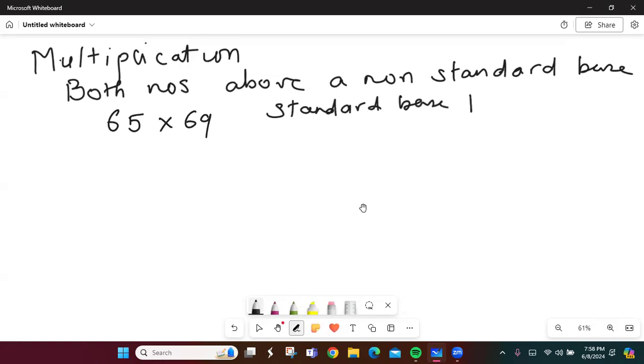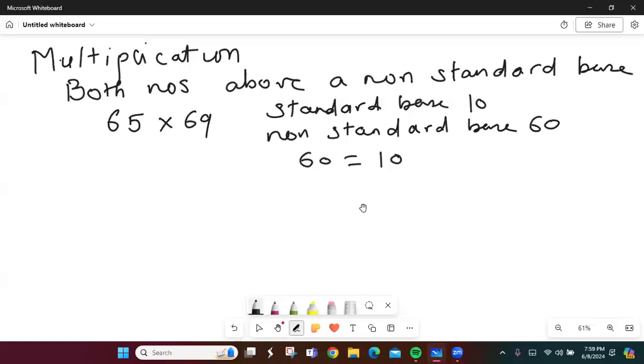That's 10, because both are two-digit numbers, and the non-standard base is 60, and 60 is 10 into 6.